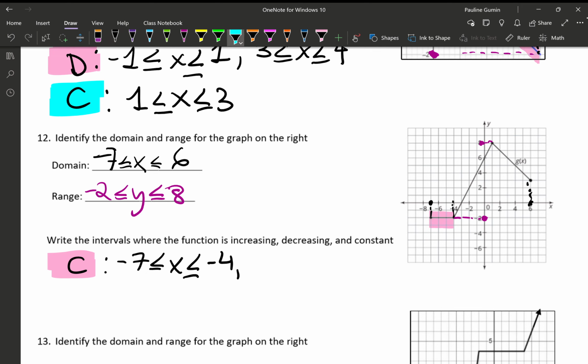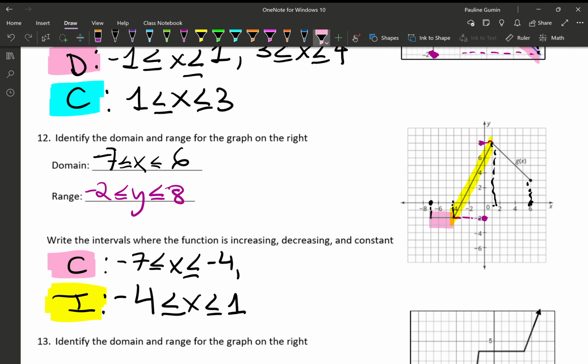Cool. Let's continue. Now it looks like here I'm going uphill. Uphill is increasing. I for increasing. Well, it starts at -4. And where does it end? Ooh, at 1.